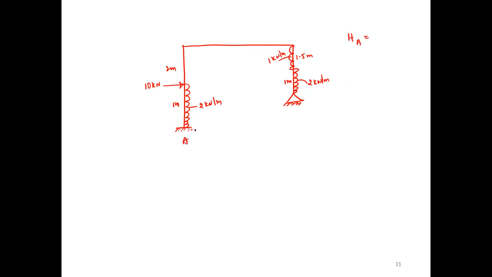This is A, and I will give one joint load also. Here I am mentioning a joint load of 10 kilonewton. Here also I am giving a joint load in positive direction, 2 kilonewton. What is HA? What is A, B, C, D? What is HD? And what is the sway condition?